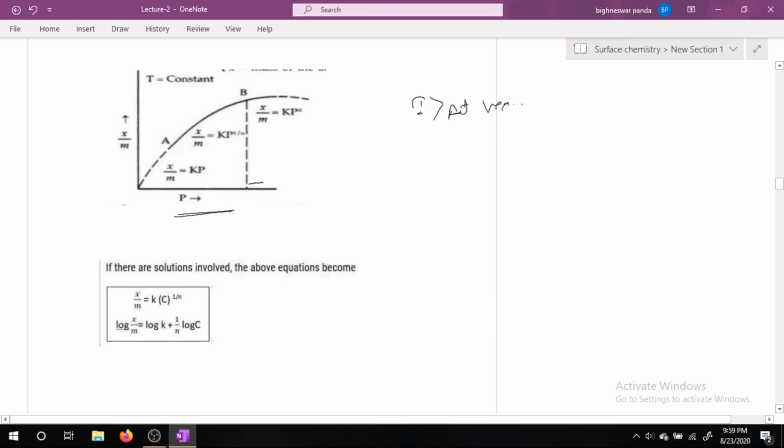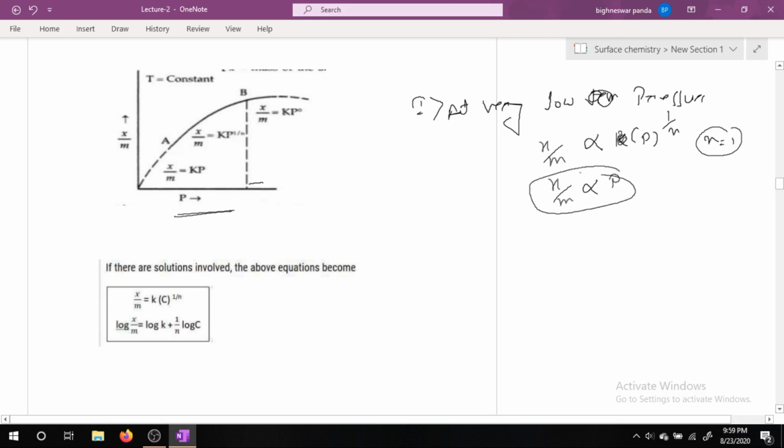At very low pressure, x by m is directly proportional to p power 1 by n, that is k into p power 1 by n. At very low pressure n equal to 1, so x by m is directly proportional to p.